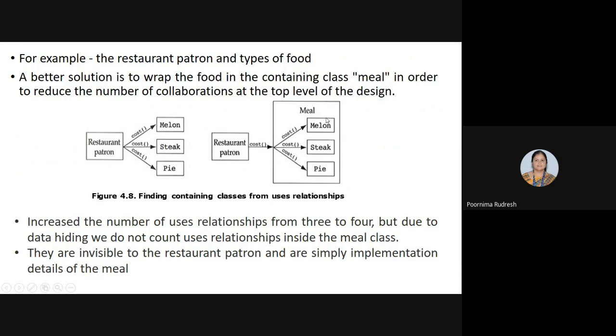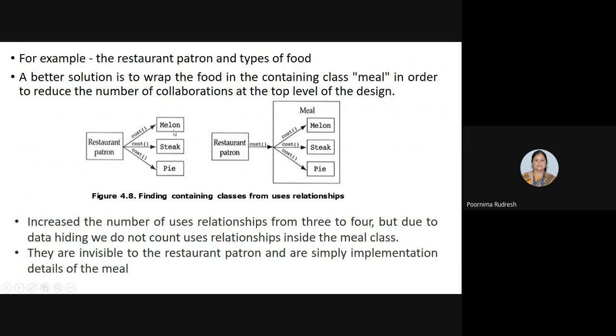Here we are making use of the data hiding property, such that whatever collaborations exist within the class are hidden from the outside world. Hidden means the implementation details are hidden within the class and not visible outside, and hence the number of uses relationships is reduced to 1, or the number of collaborations is reduced from 3 to 1.